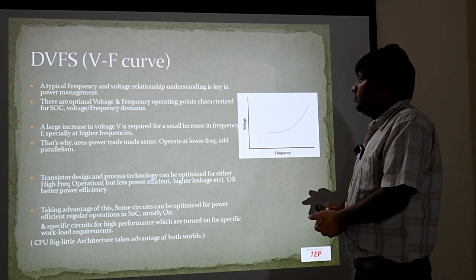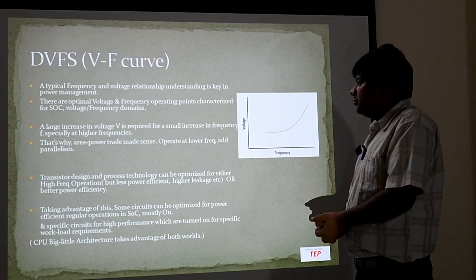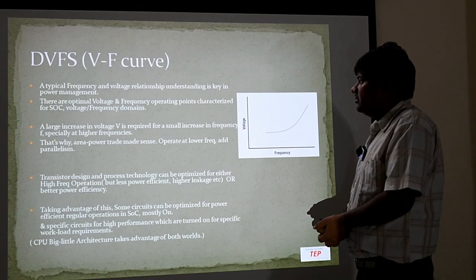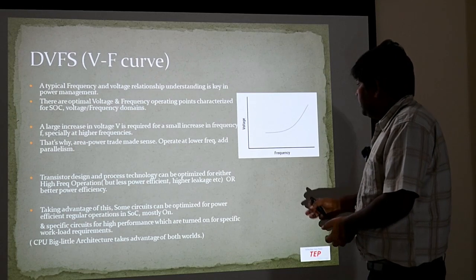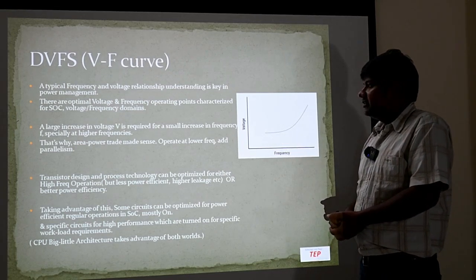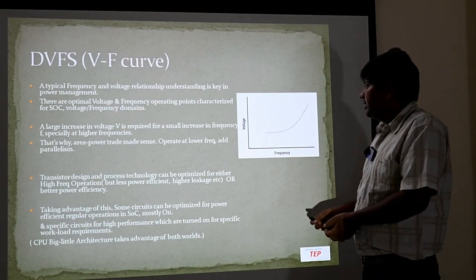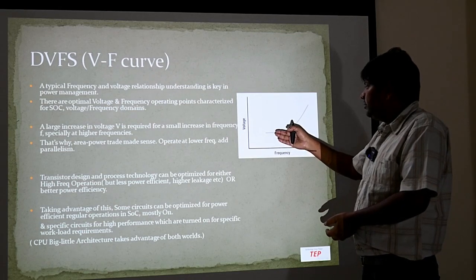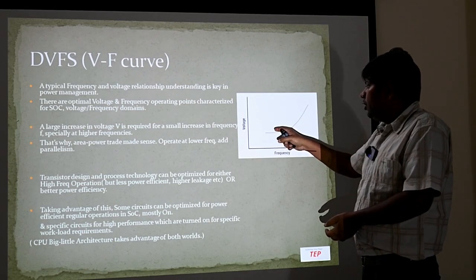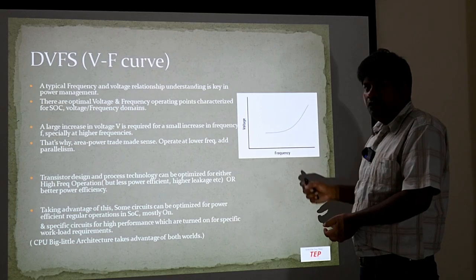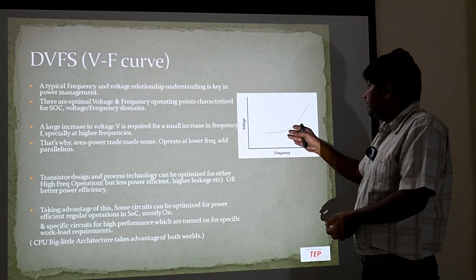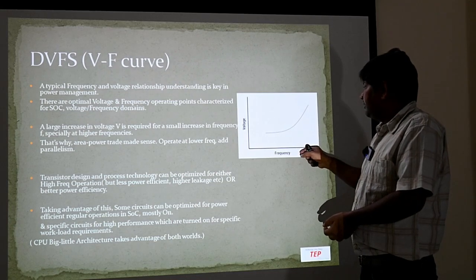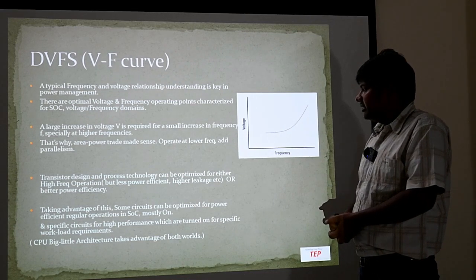Some more points to be noted here: in this DVFS, for a given circuit, a characterization is done when the silicon is manufactured, and optimal points of operation are found. Not every point on the DVFS curve will be power efficient.